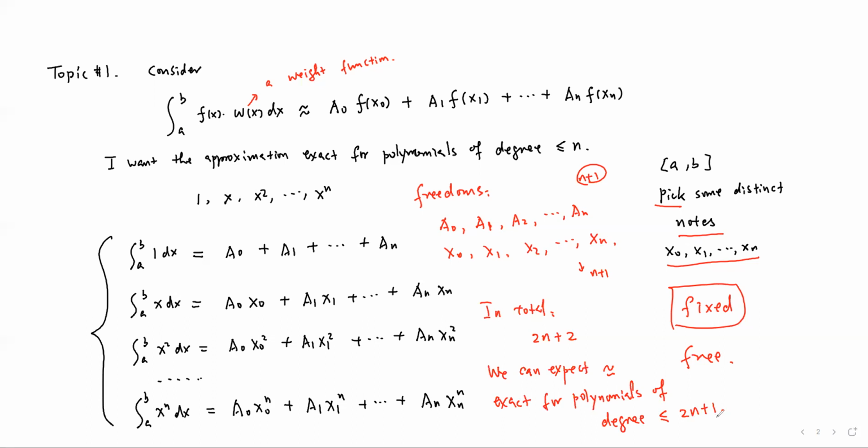You agree? Okay. And the resulting formula is called the Gaussian quadrature rule. Okay. This is topic 2, the Gaussian quadrature rule.